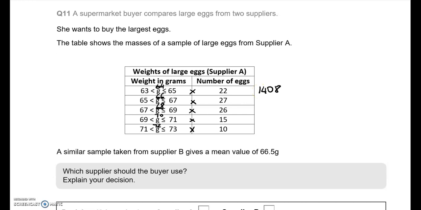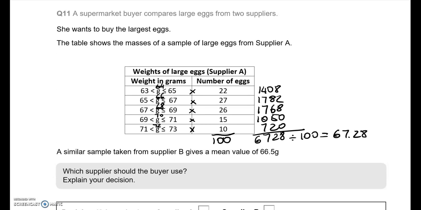So now 66 times 27. I'm going to add them all together. Dividing this by 100, which is the total number of eggs, gives us 67.28, which is higher than the 66.5 grams that we have.